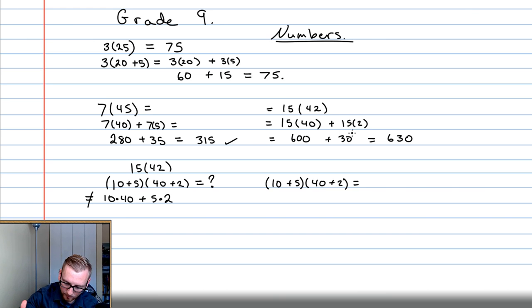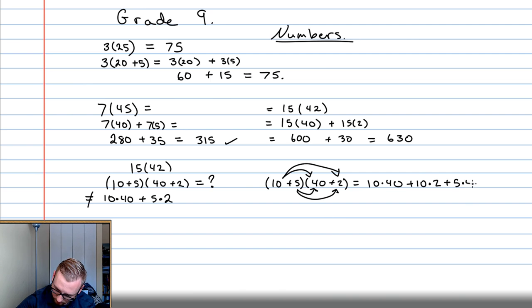Numbers that'll make it easy. We'd have 10 times 40 and 10 times 2, and we'd have 5 times 40 and 5 times 2. So 10 times 40 plus 10 times 2 plus 5 times 40 plus 5 times 2.